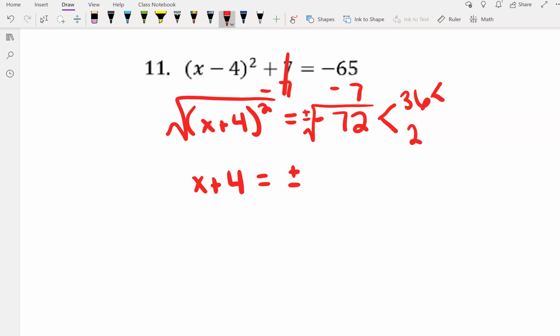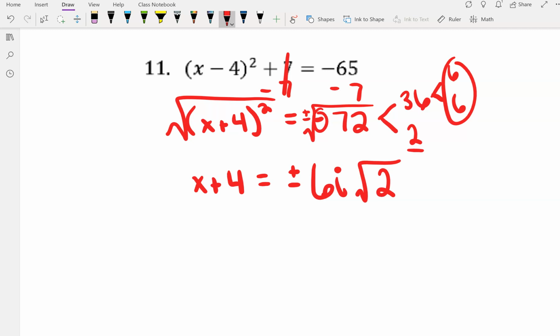You just would have had to break down more times to get everything out of the radical. 6 comes out, 2 stays in. Oops, I forgot that it was a negative 72. If you have a negative, an i has to come out as well. So 6i root 2.